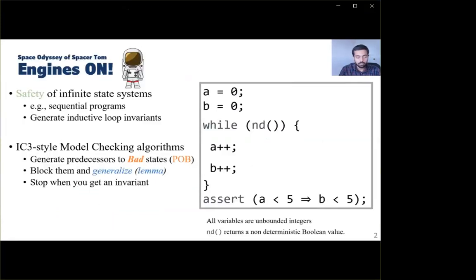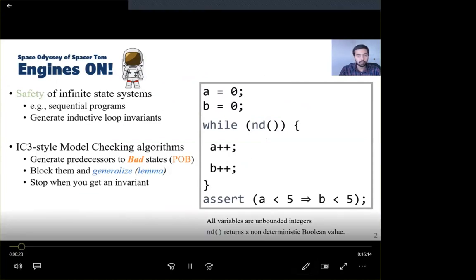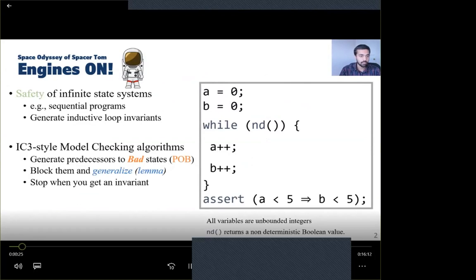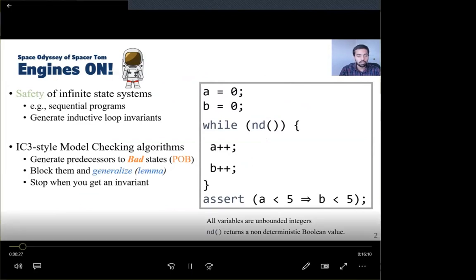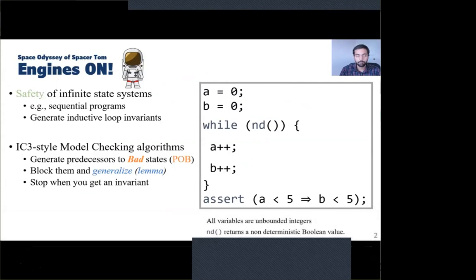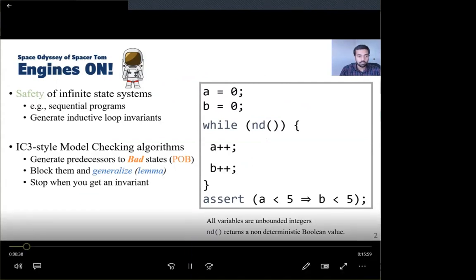We are primarily interested in proving the safety of infinite state systems. Our algorithm works on all systems that can be expressed as nonlinear constrained Horn clauses. However, to keep things simple, we are going to explain everything relative to sequential programs with a single loop. In this context, safety can be established by generating inductive loop invariants.